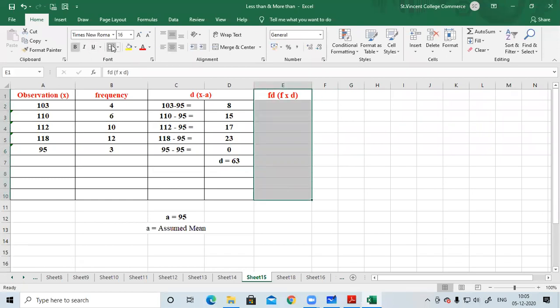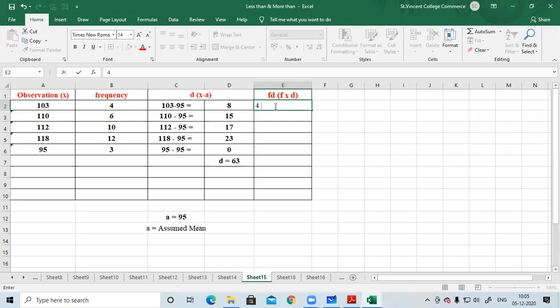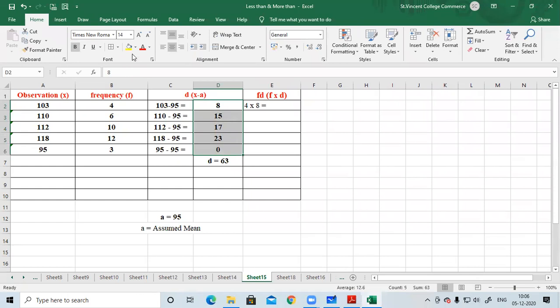How do you get F multiplied by D? So what is the F here? Pay attention, beta. F is your frequency. What is the frequency you found here? 4. 4 multiplied by D. What is the column D? 8. This is the column we are looking at, and the frequency is here. You have to multiply these columns. That's all.